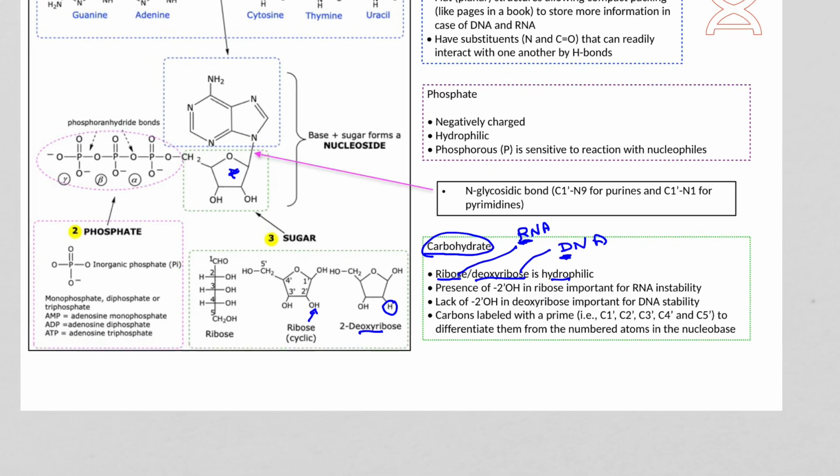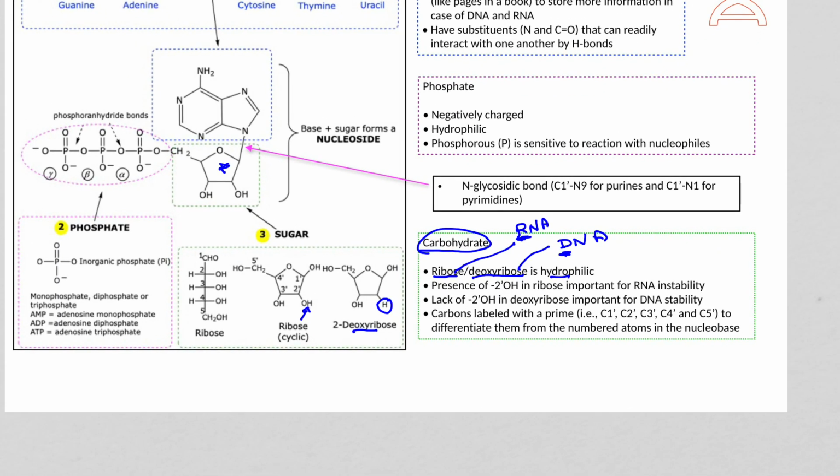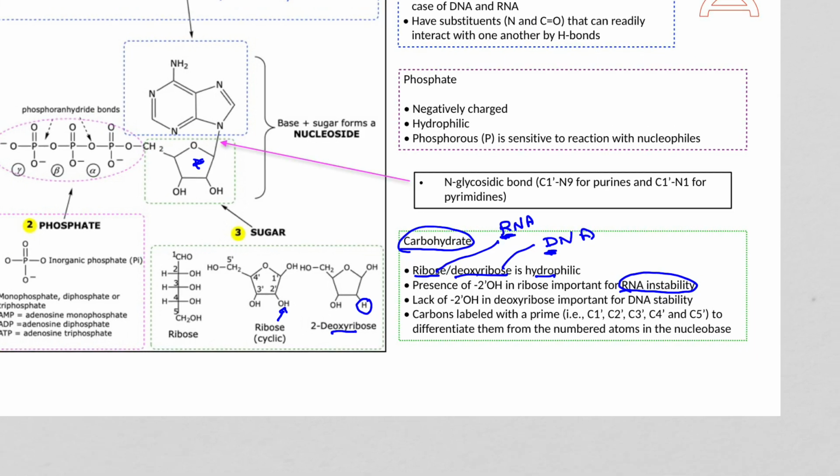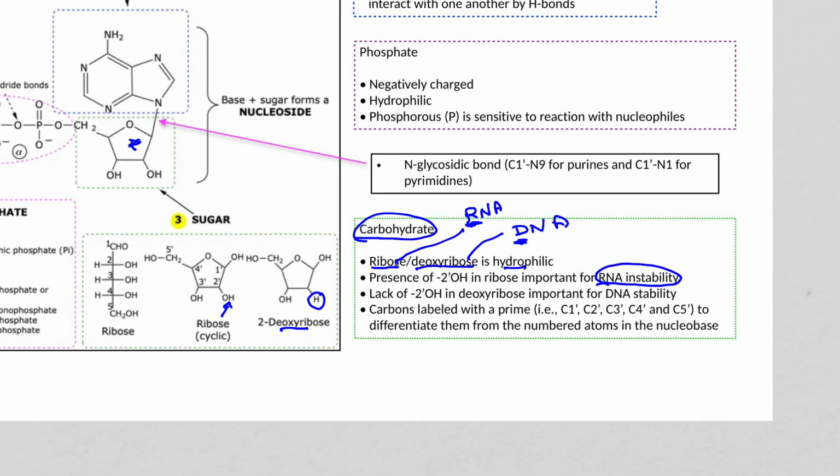Well, this chemistry makes a huge difference because we want RNA to be unstable. We don't want RNA to live around in the cell for a long time, because the longer the RNA lives around, the more proteins will be made. So we want RNA to be in the cell for a short time, carry out its function, and then get destroyed.